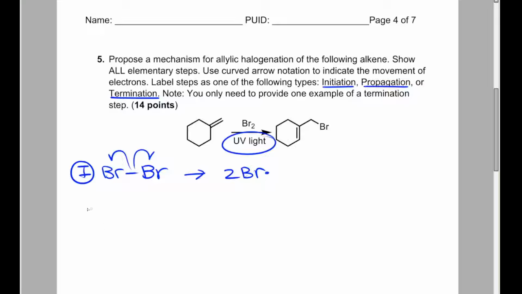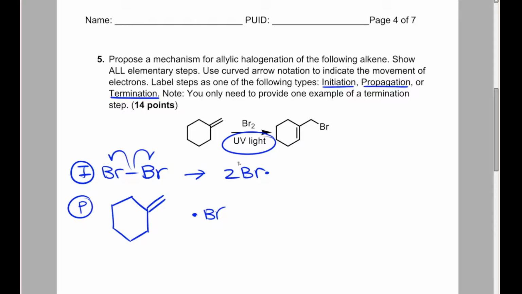And then the next step is going to be propagation, where one radical turns into another radical. So there's going to be a radical on each side of this reaction mechanism equation. On each side of the arrow, you're going to have one radical. In this case, we can bring down this starting material, and it has an alkene, or a double bond. And we're going to react it with one of these bromine radicals we made in the initiation step.